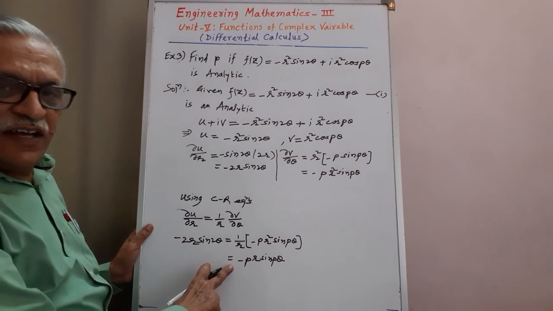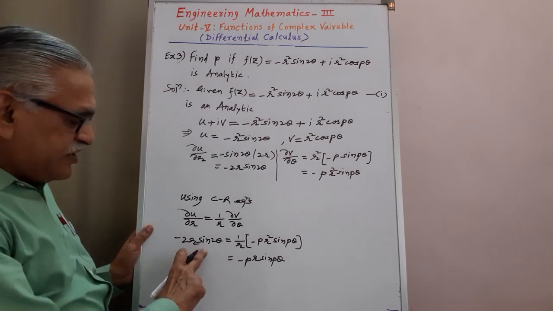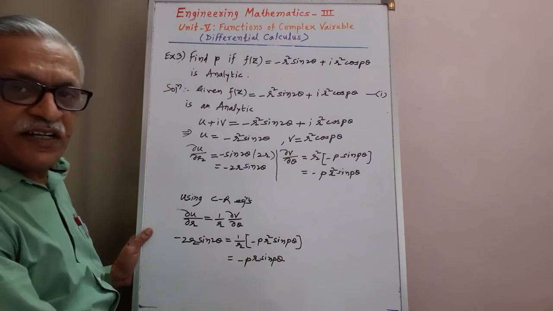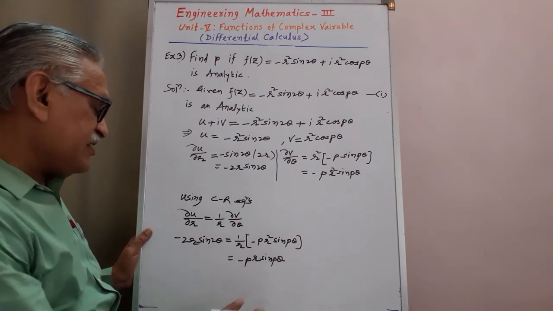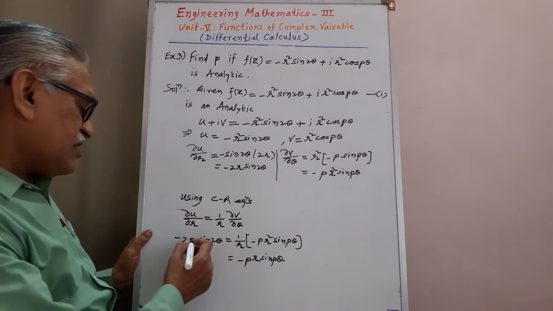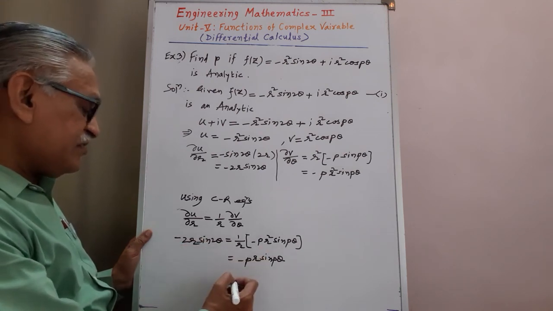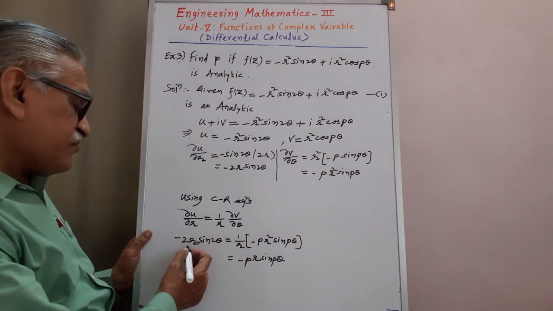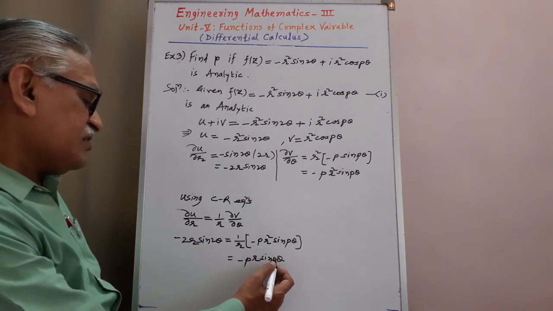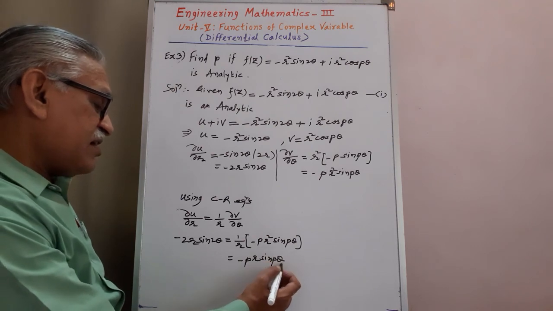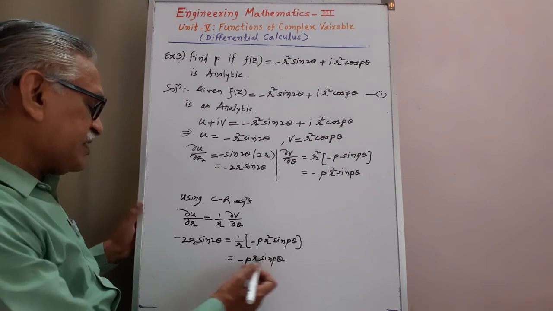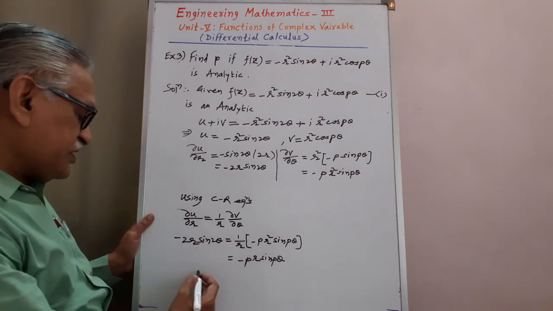Sign of equality is there. Term on left hand side in terms of r and sine, and term on the right hand side is also in terms of r and sine. Therefore, minus minus become plus. r r get cancelled. We have sine of p theta, angle or the argument of that sine is p theta, and here it is sine of 2 theta.